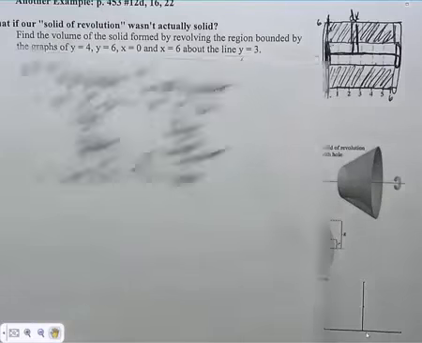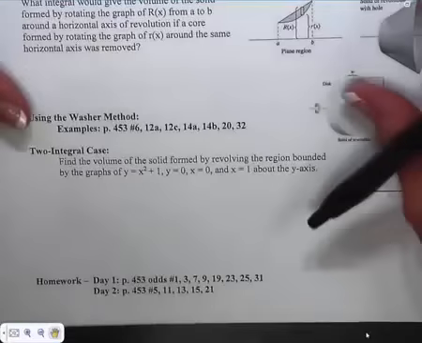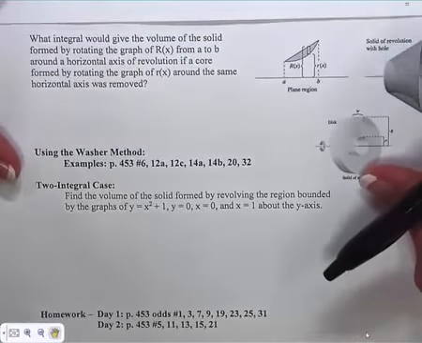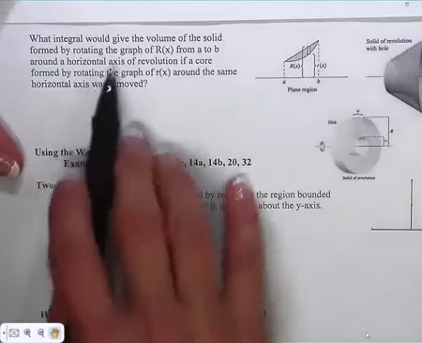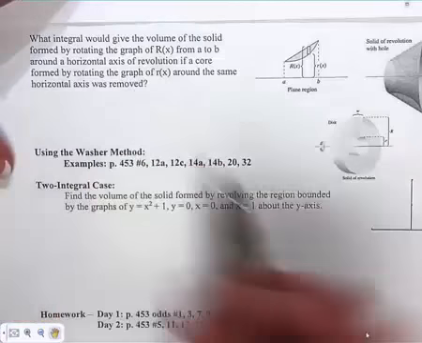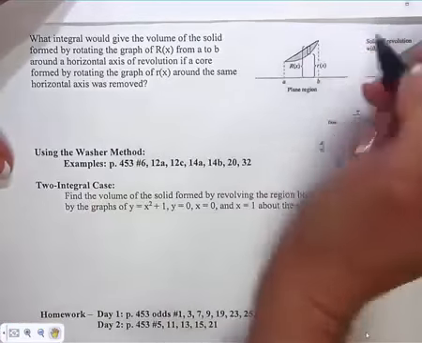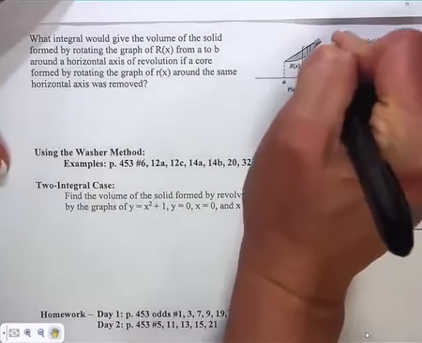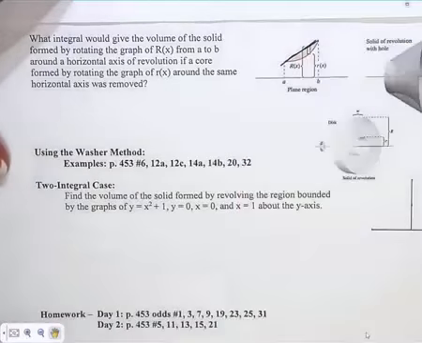So for example, what about this, which does take calculus? It's not a geometric solid that we know a formula for. What integral would give the volume of the solid formed by rotating this big function R of x? R of x looks to be a linear function in this case.